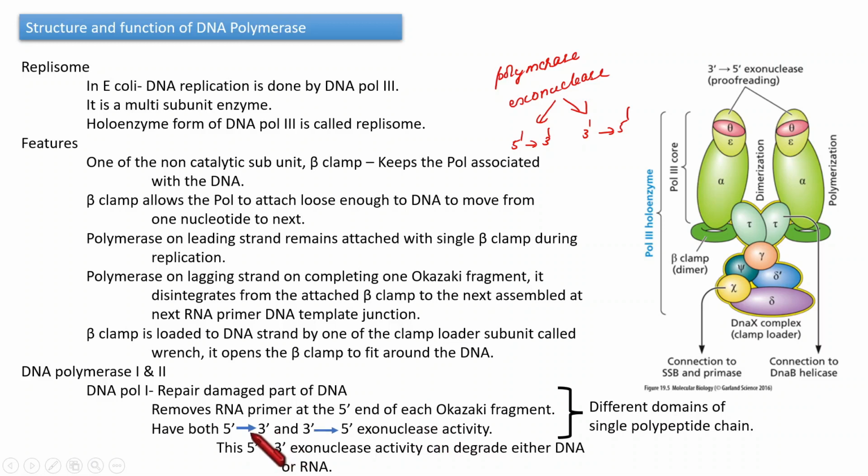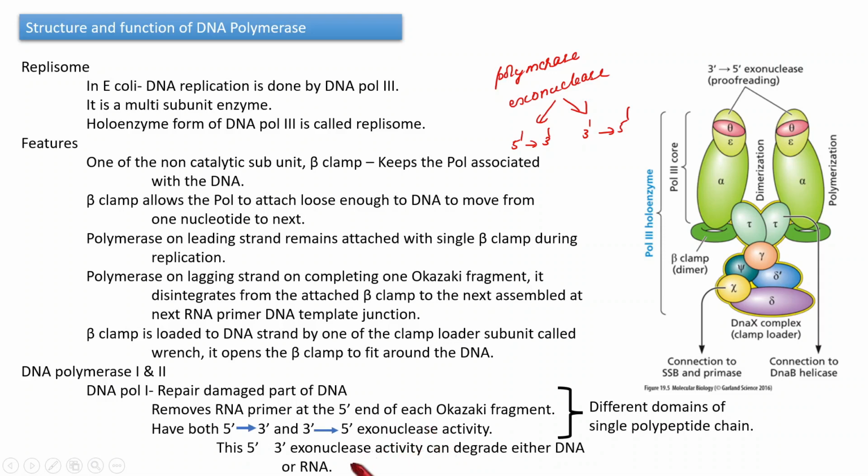And that 5 dash to 3 dash and 3 dash to 5 dash exonuclease activity also are present in DNA pol 1. Exonuclease activity means it can attack the deoxyribonucleotide and remove it, that is exonuclease activity.